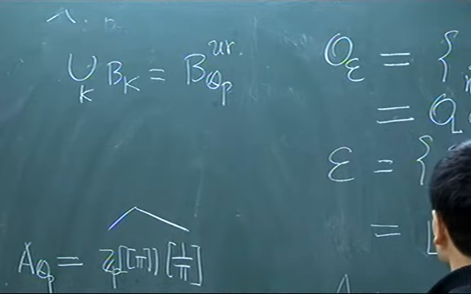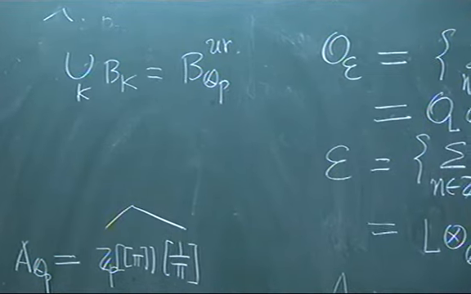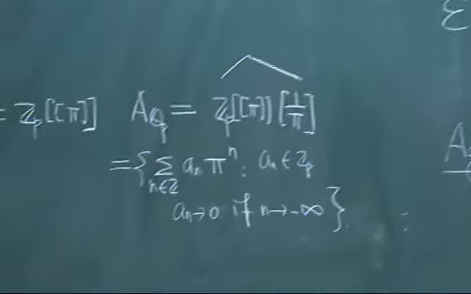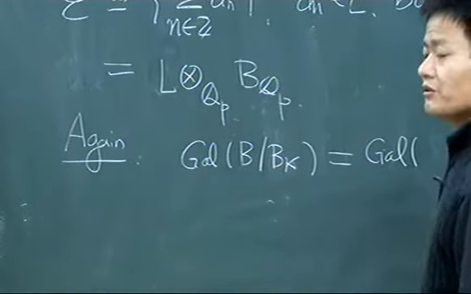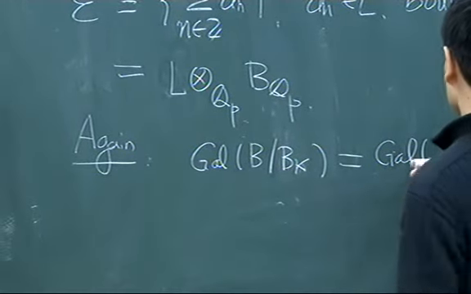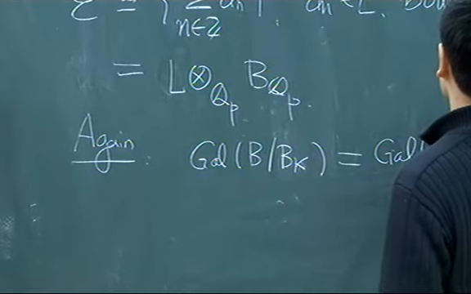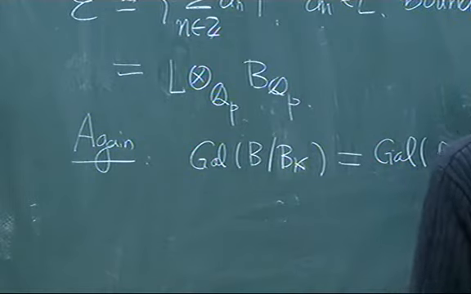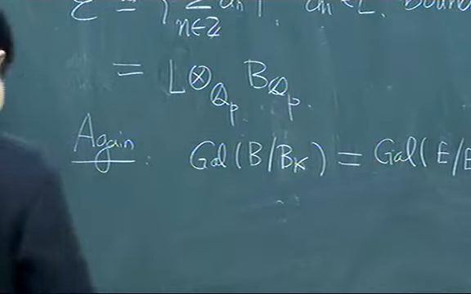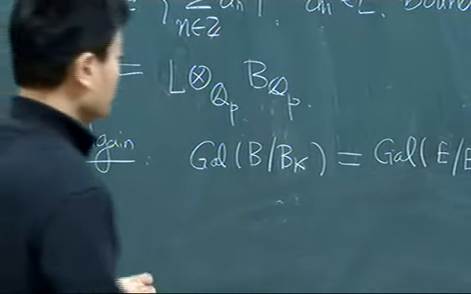Okay, so you get this Galois B over BK is just HK, because you only have a residual extension. Other things you don't extend, so this is just E over EK. So this is just H of K. Okay.